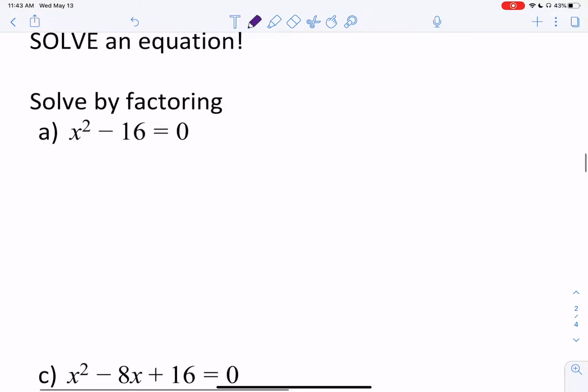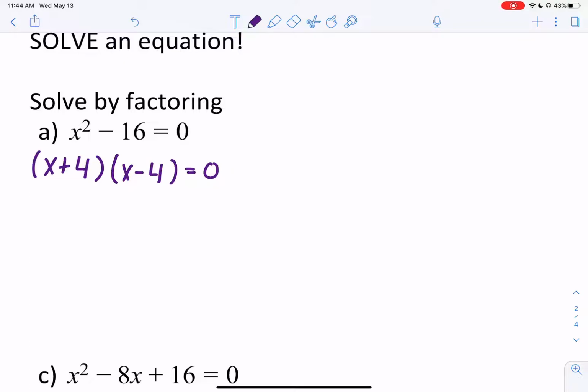We did this a little bit before by finding the zeros, so it's not totally new. So right now I have x squared minus 16 equals 0. When I'm going to solve by factoring, it's very similar to finding the zeros. The first thing I'm going to do is factor my equation. And if I look here, I have a difference of squares. So I can jump right to x plus 4, x minus 4 equals 0.